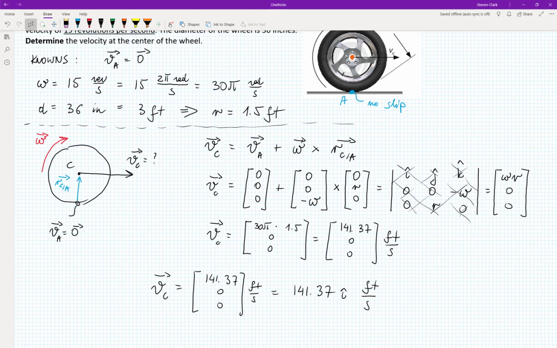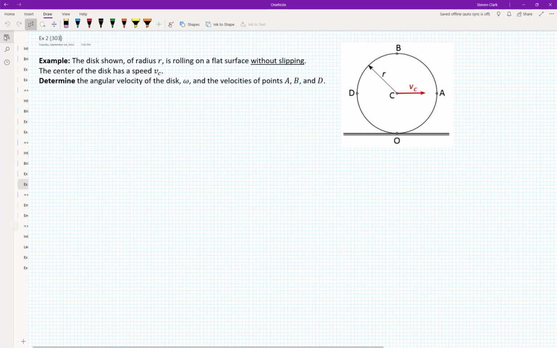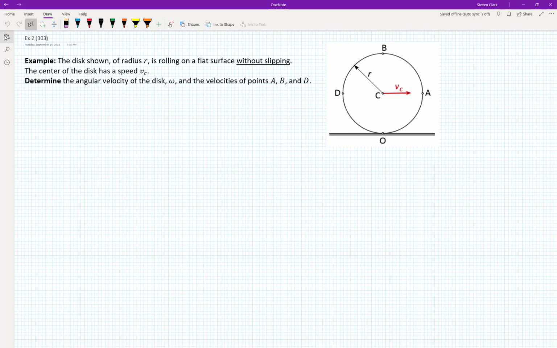Any questions? I don't see any questions. Okay, so what? Example number 2? Let's do it. As usual, please read it and understand the problem statement before we start our solution.